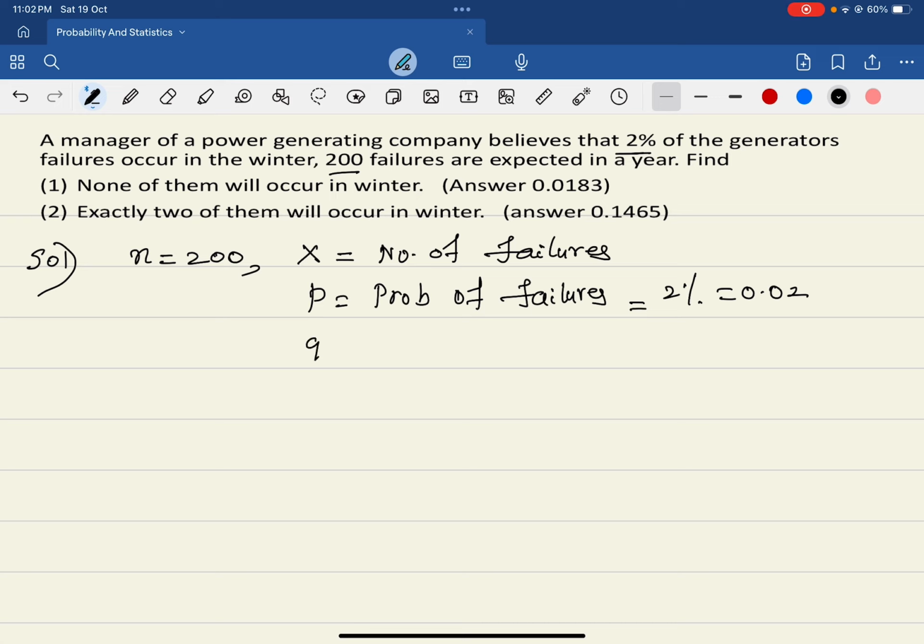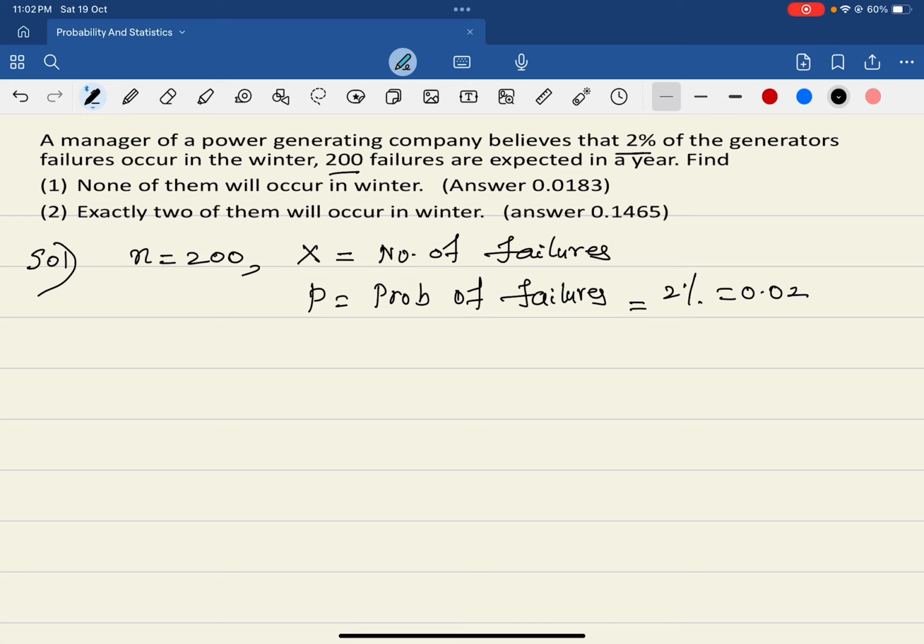Now what is q? You need not find out q also, because what is the formula for Poisson? Whenever you see that it is a bigger number and the number of failures or something like this, you can understand that it is a Poisson distribution. And now coming to the point, what is first of all asked is that none of them will occur in winter.